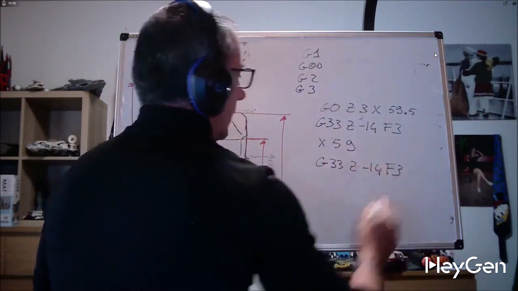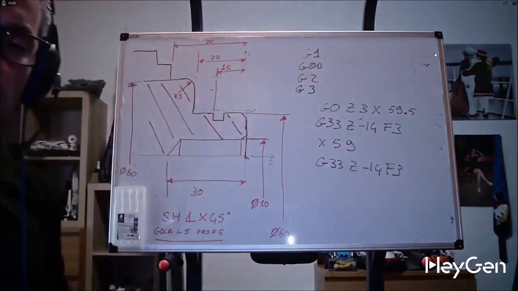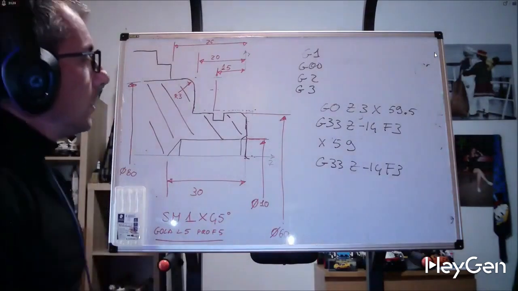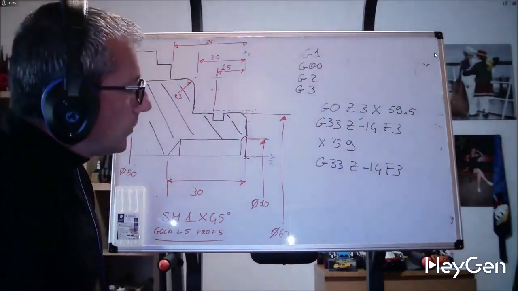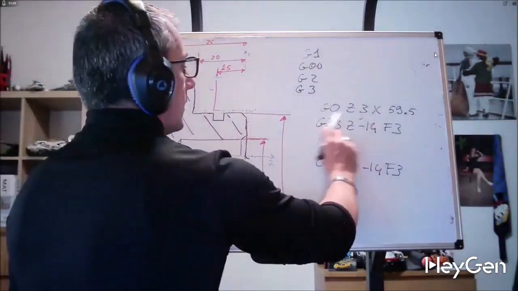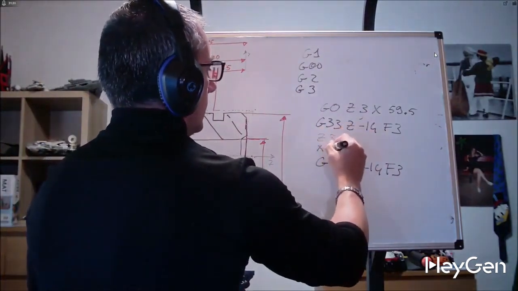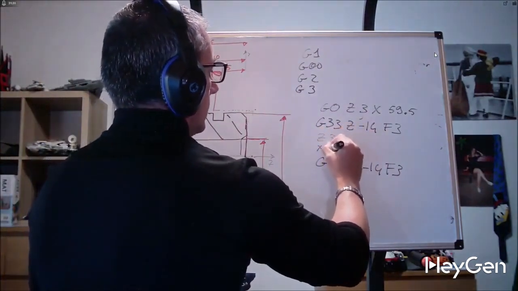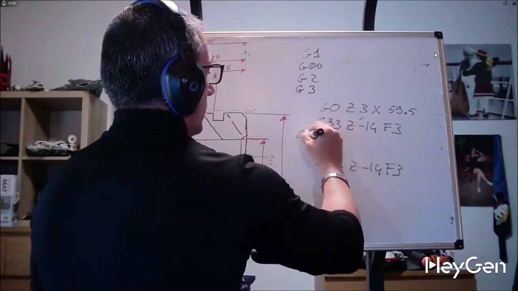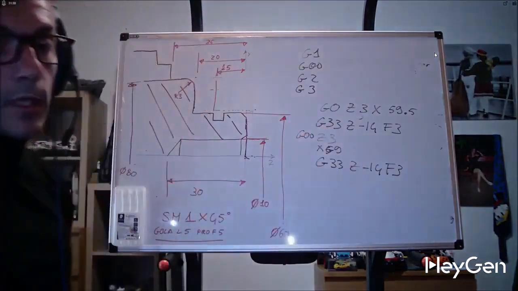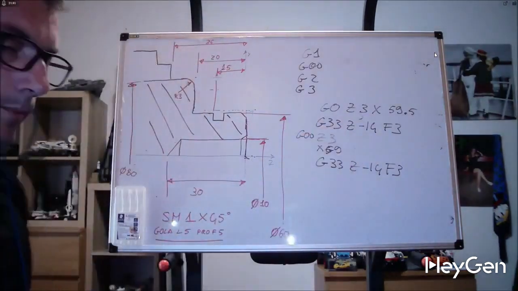That is, what does the machine do? It resumes the thread. I tell you the truth, I have a doubt about returning to Z3, so in case, Z3, X 59, because I have a doubt.